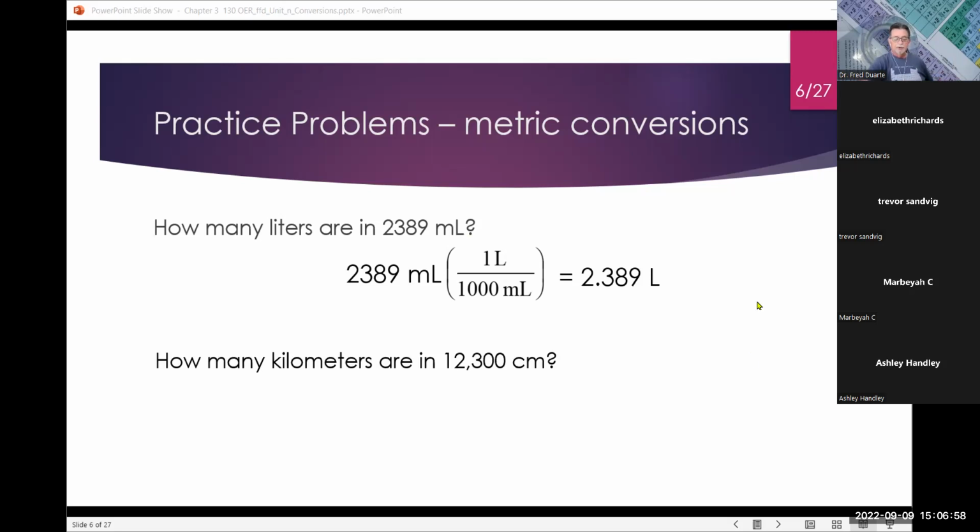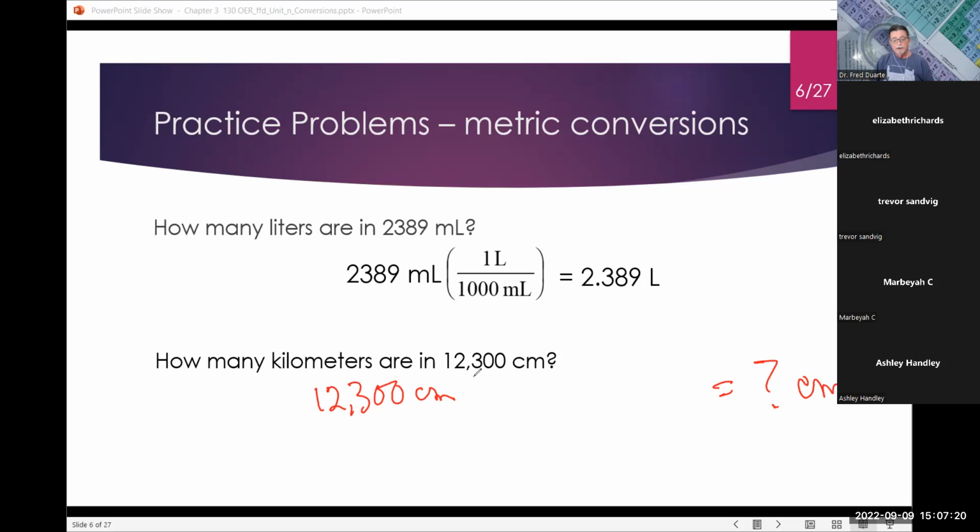All right, in this one here, we're asked to calculate the number of kilometers in 12,300 centimeters. So 12,300 centimeters, okay? And we need to get to the units of centimeters.